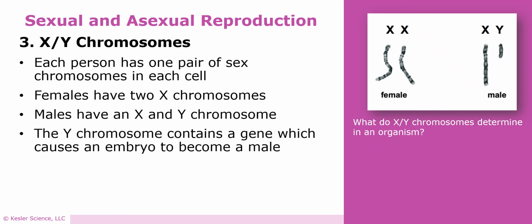The Y chromosome contains genetic material that will cause an embryo to develop into a biological male. There are other genes that are on the X and Y chromosomes. One of the most important things that you will inherit from your parents through your X and Y chromosomes will be the genes that contribute to your biological sex.